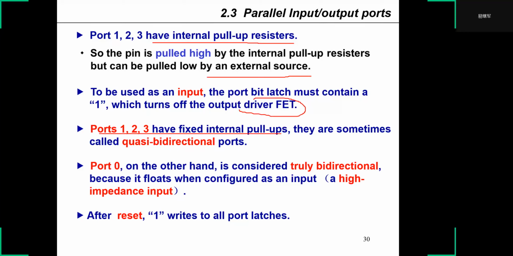They are sometimes called quasi-bidirectional ports. Port 0 is considered truly bidirectional because it floats when configured as an input.